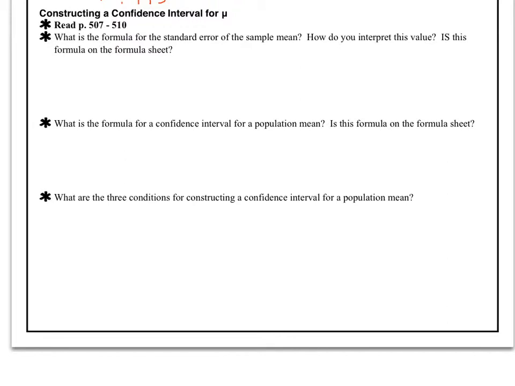Okay, so let's talk about the actual formula for a confidence interval for means. Remember that the formula is the statistic, which in this case is x bar, plus or minus the critical value, which is t star, times the standard deviation of the statistic. We've already talked about how we don't know the standard deviation of the population, so I have to plug in s of x over square root of n here.